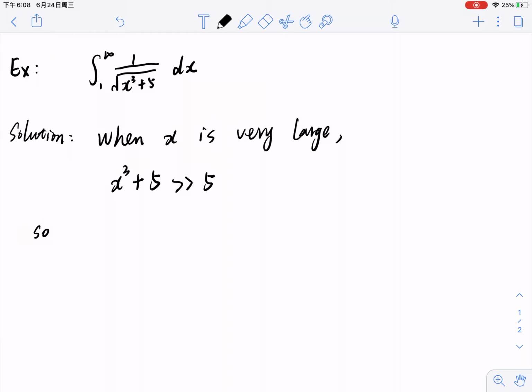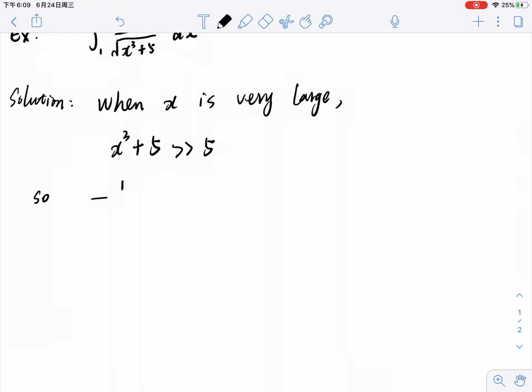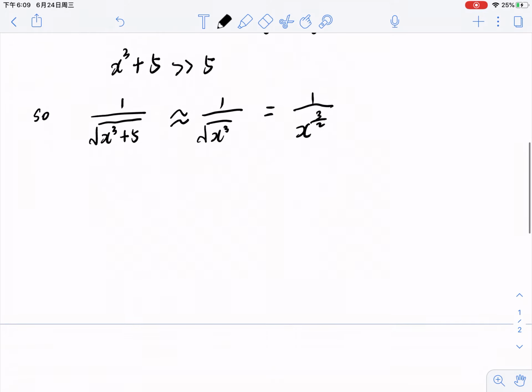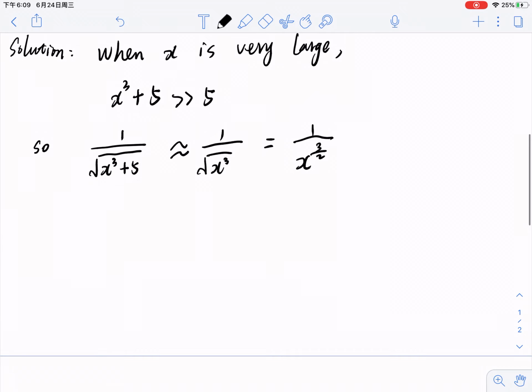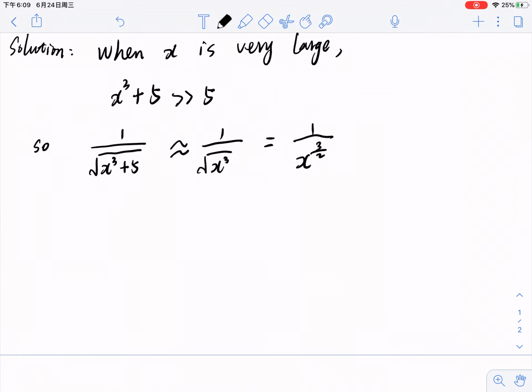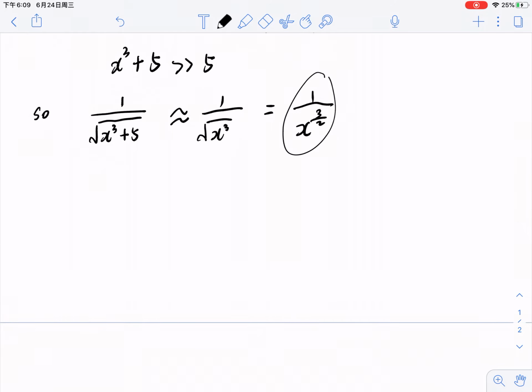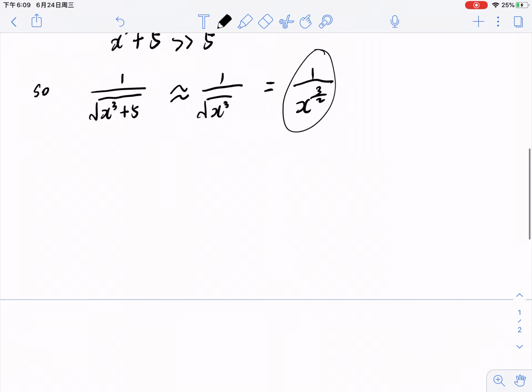So 1 over the square root of x cubed plus 5 is approximately equal to 1 over the square root of x cubed. This is 1 over x to the 3 over 2. So this suggests that we compare with the function 1 over x to the power 3 over 2.